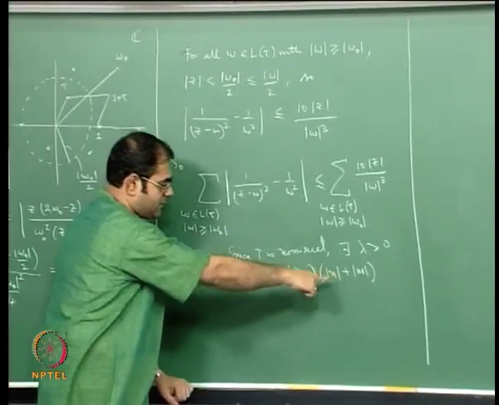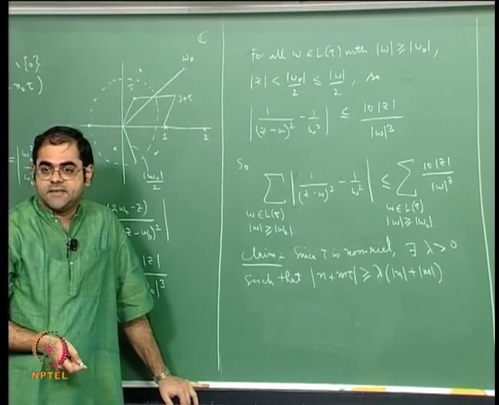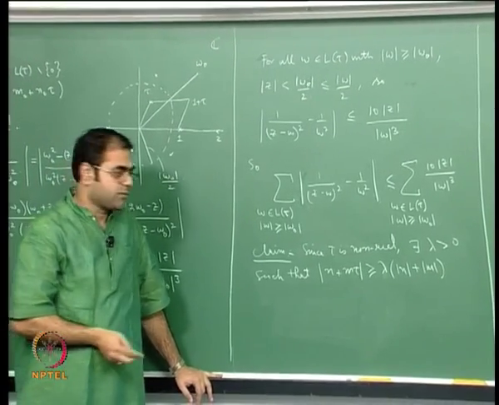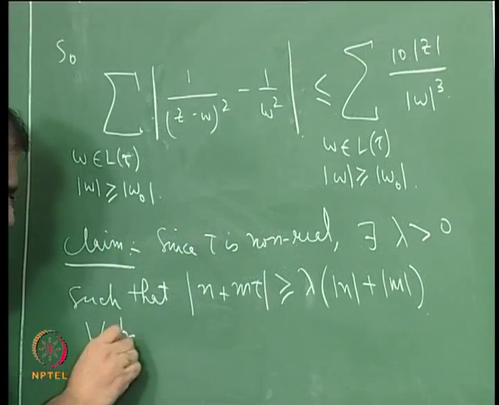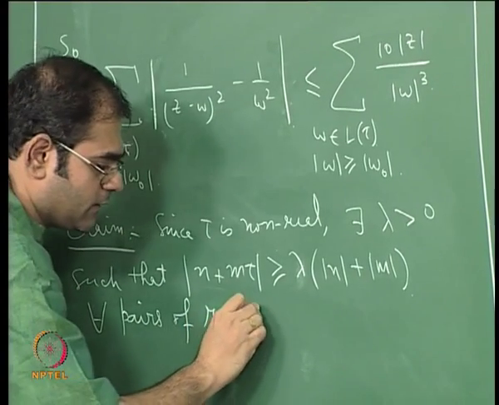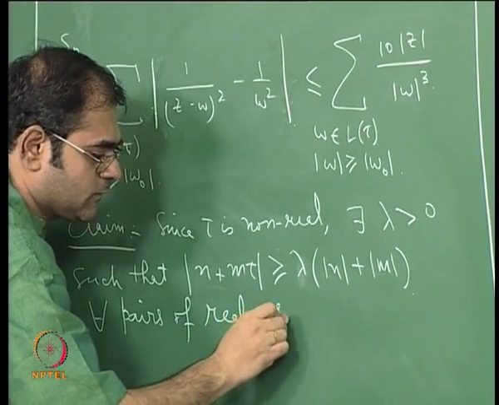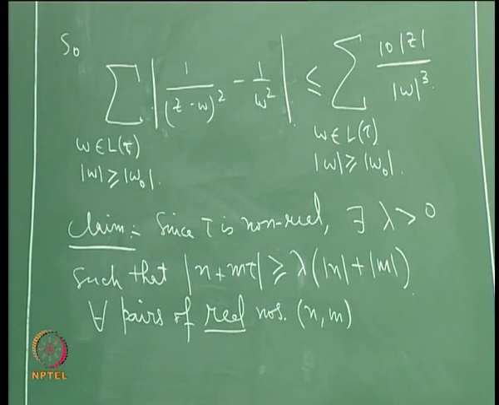And of course here n and m need not necessarily be integers; n and m could be any pair of real numbers. So I am saying real numbers, so in particular it will also hold for pairs of integers.